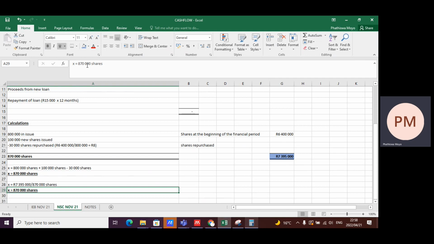So it gives us the weighted average of 8 rand 50 per share. Now we go back to this.